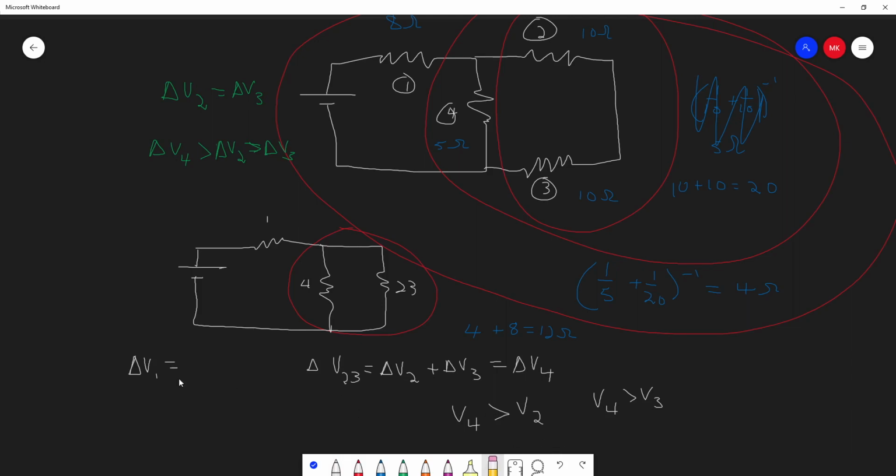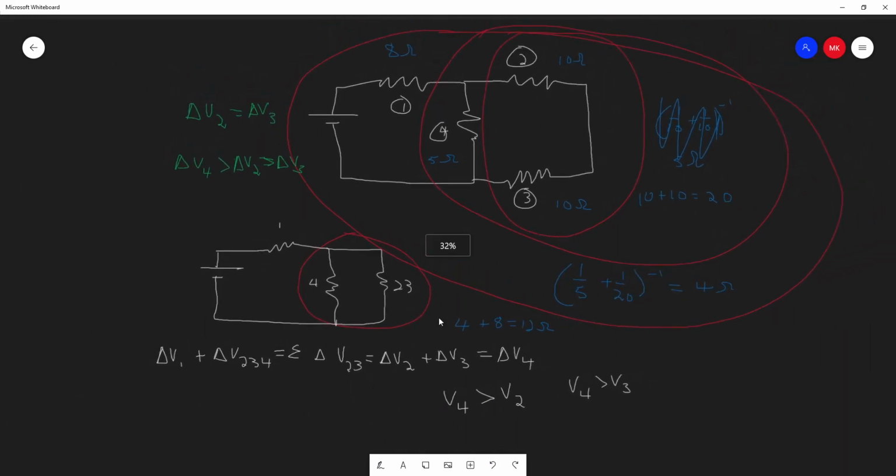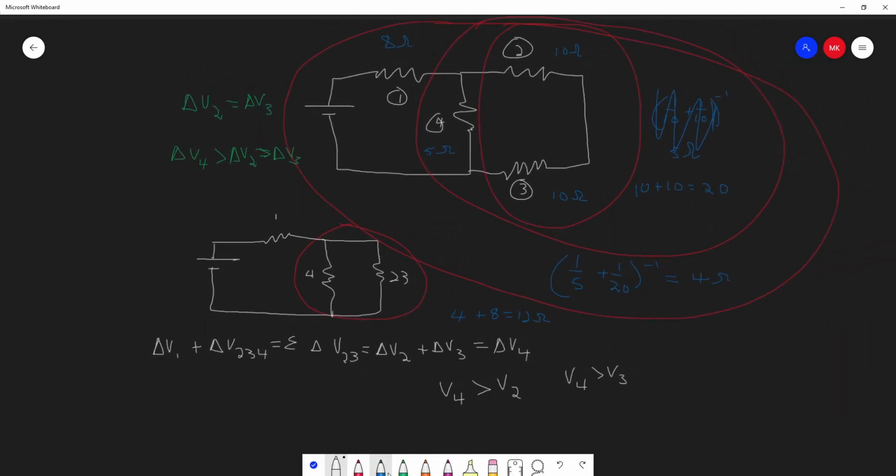Delta V1 plus delta V234 equals the EMF, because R1 is in series with this combination. So now we want to look at these and say which one has a higher resistance. R1 has a resistance of 8 ohms. R234 has a resistance of 4 ohms.